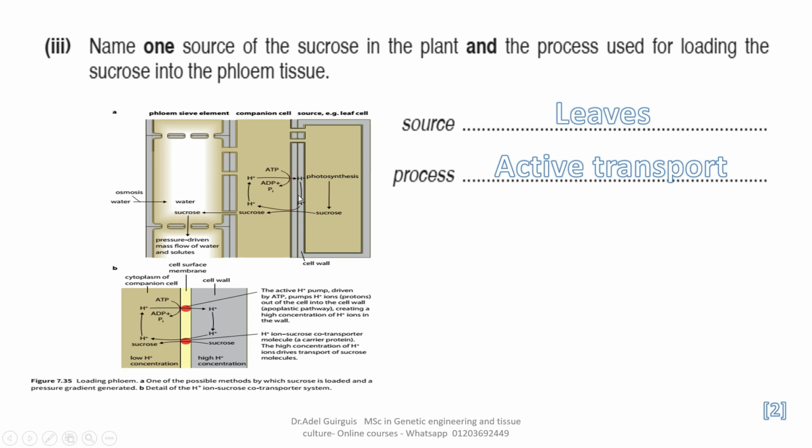This helps protons increase in concentration in the wall and return back passively through a co-transporter protein gate. This co-transporter means protons attach with sucrose from palisade cells.